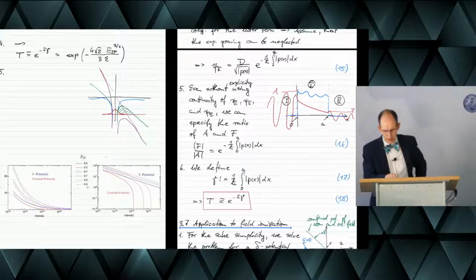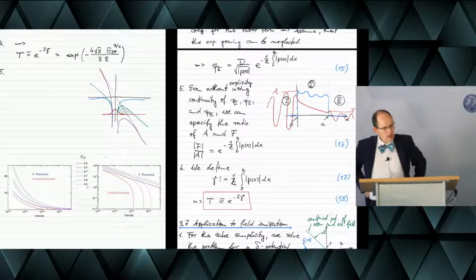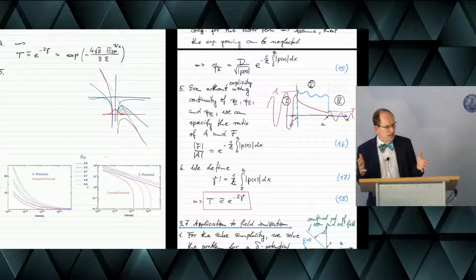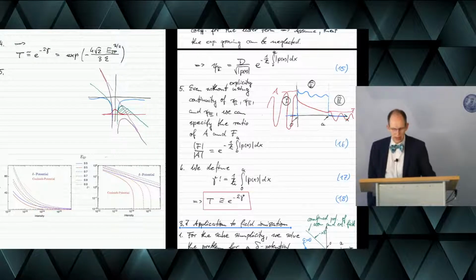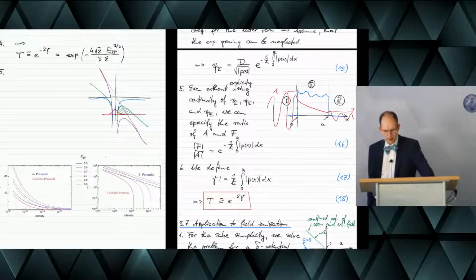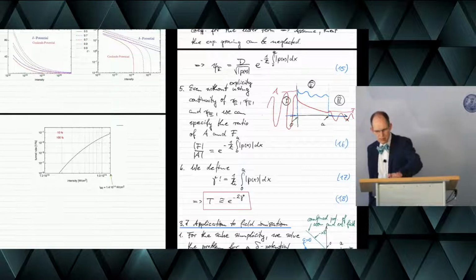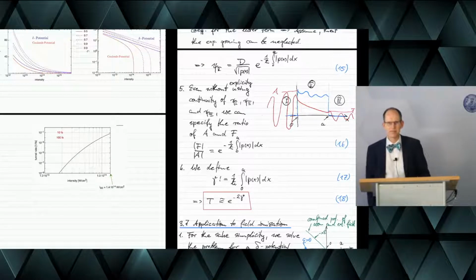This gamma is per time. We have a constant electric field, so we get a probability per time. We get a rate. And here I transferred this to SI units.